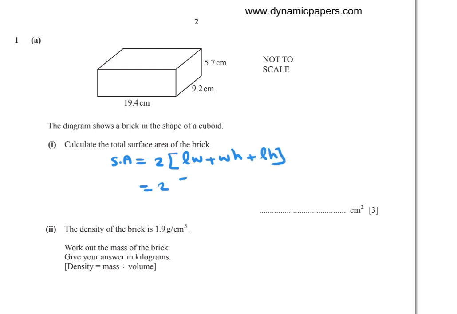So 19.4 times 9.2 plus 9.2 times 5.7 plus 19.4 times 5.7 equals 683 centimeter square.